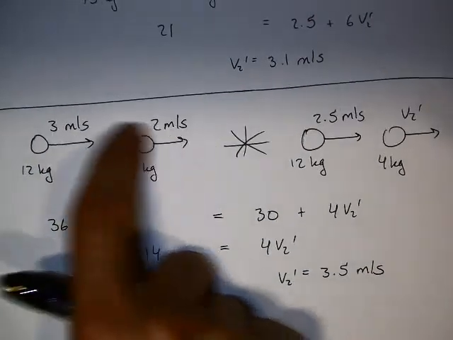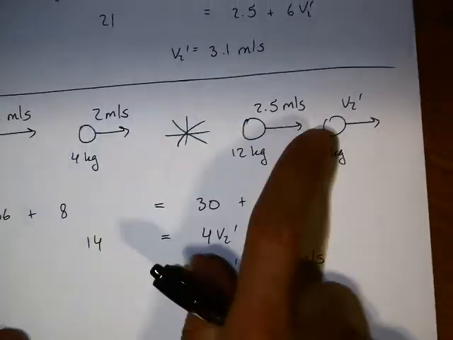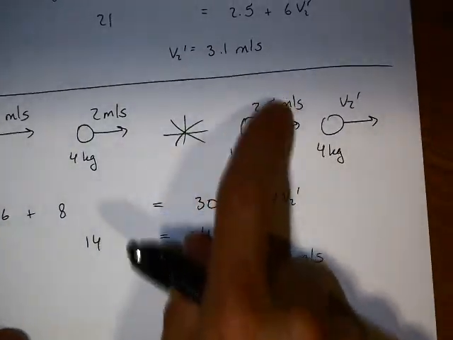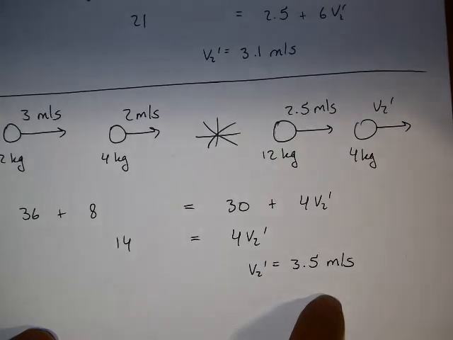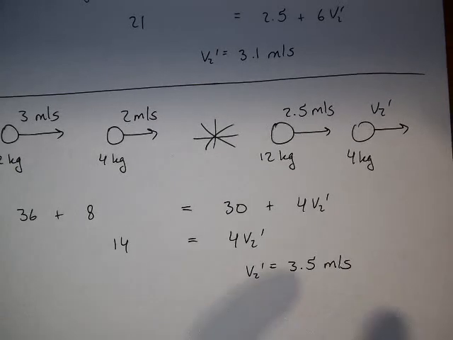The difference between the speeds here is 1. And look, it's also 1 here. That's confirmation that this is an elastic collision and total kinetic energy is conserved. This was elastic.